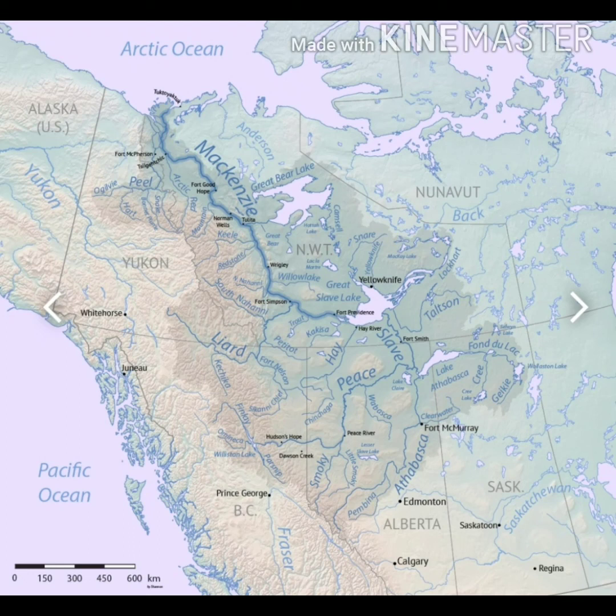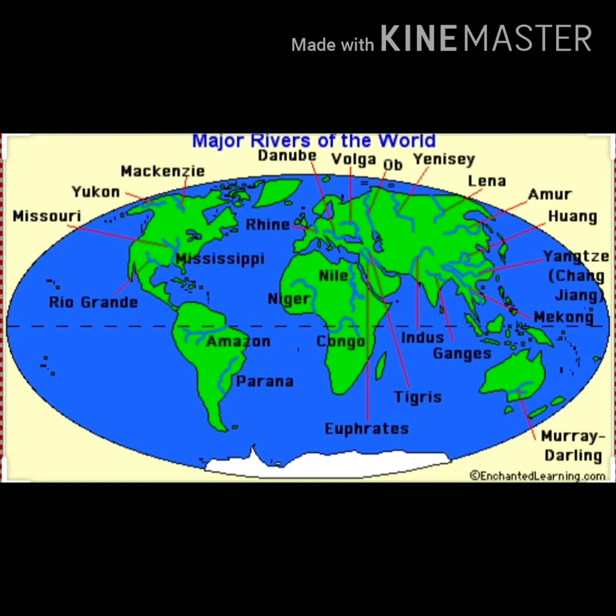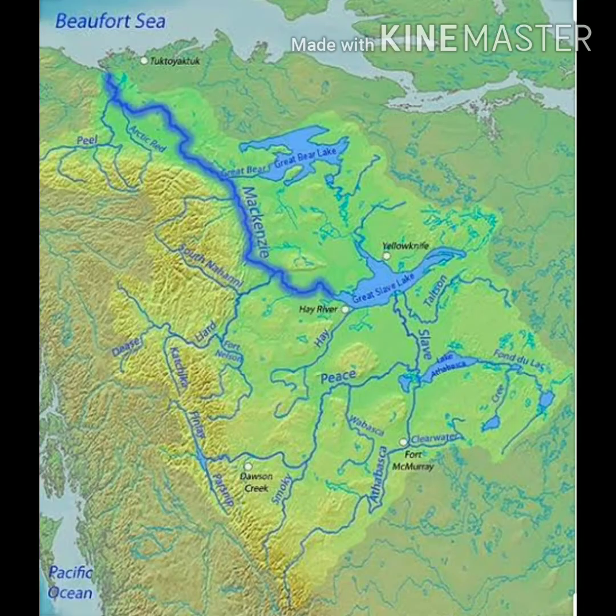If you see the rivers of the world, you will observe that mostly rivers flow towards the south. The two big rivers that flow towards the north are River Nile in Africa, which you have studied in your HCG 1 also, and River Mackenzie. So it is a big river flowing towards the north.